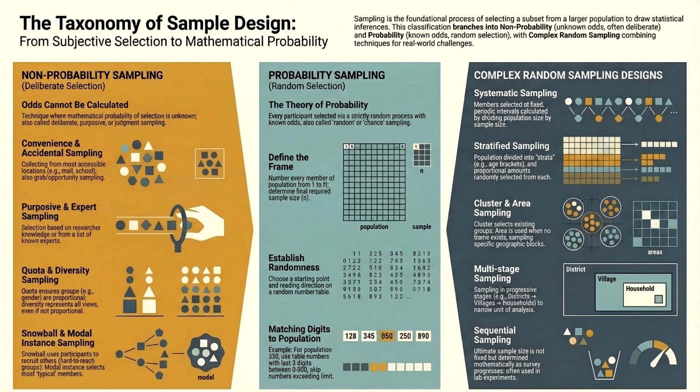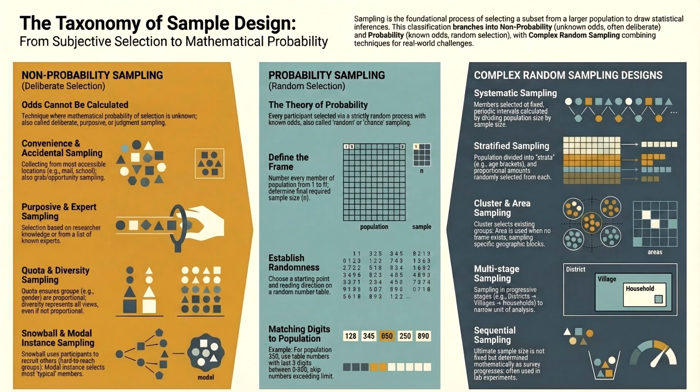The next one is quota and diversity sampling. Quota is wherein it ensures groups are proportional. What usually happens is, let's take the example of, again, St. Aloysius Deemed University, where 8,000 students are there. Imagine out of these 8,000 students, 60 percent are male and 40 percent are female. Then I am selecting a sample. Let's say my sample is 100.